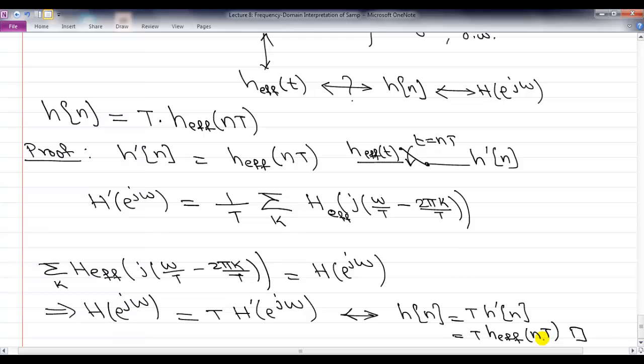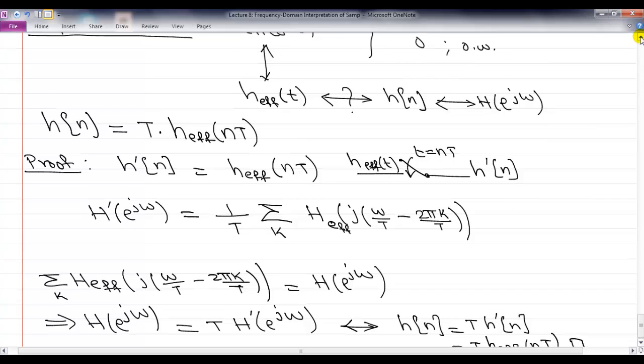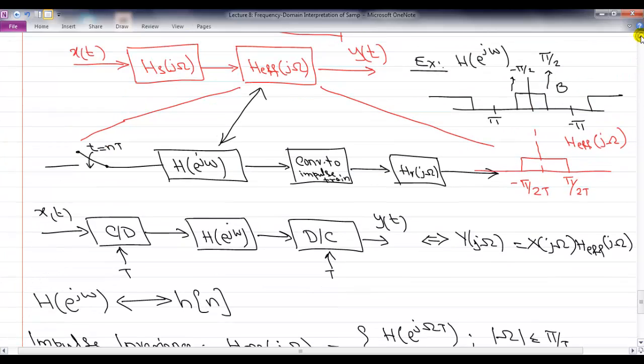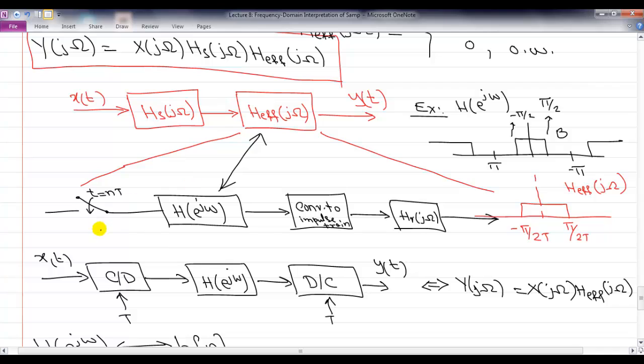So just to make sure that we remember, this discussion is about the equivalence of these blocks with a continuous time filter. The way to go between them is a scaling of the frequency axis. Another way is we can also look at their impulse responses, and the impulse response of the discrete filter is simply T times the samples of the impulse response of the continuous time filter.